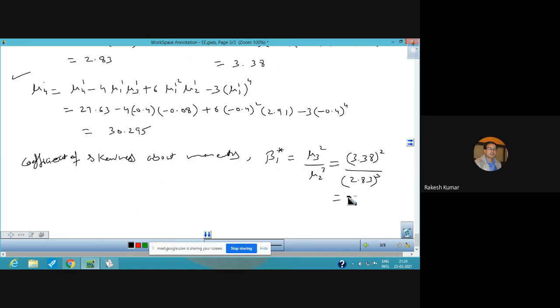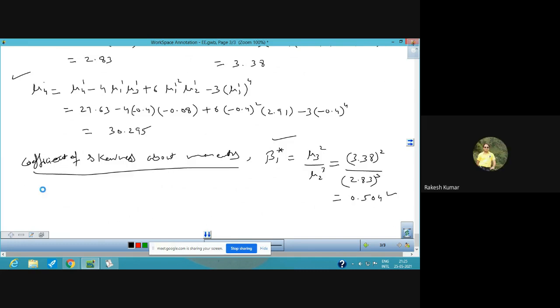So after calculating this, you will have 0.504. Now you just see the resultant value is positive. It means you can say that the given data series or the given frequency distribution is positively skewed. So this is the formula of coefficient of skewness about moments.